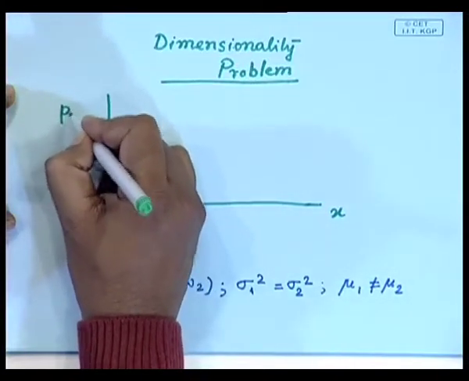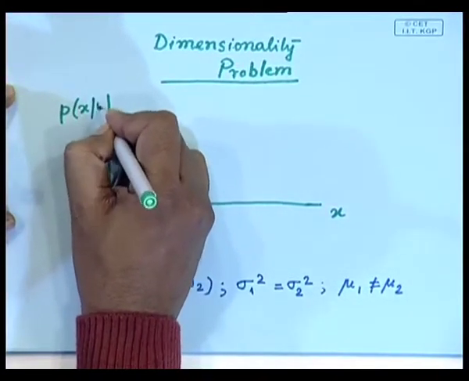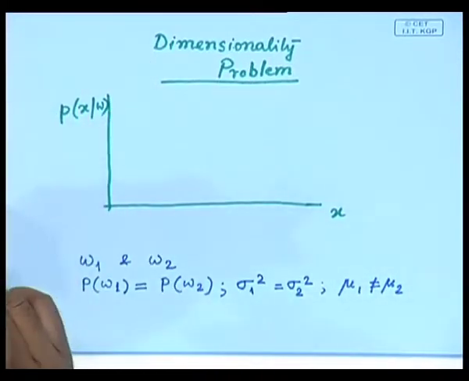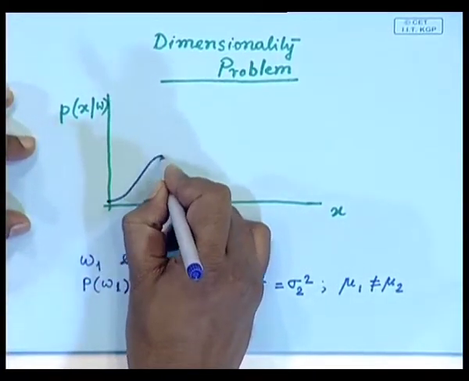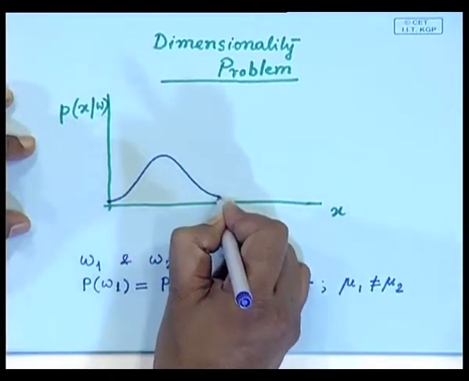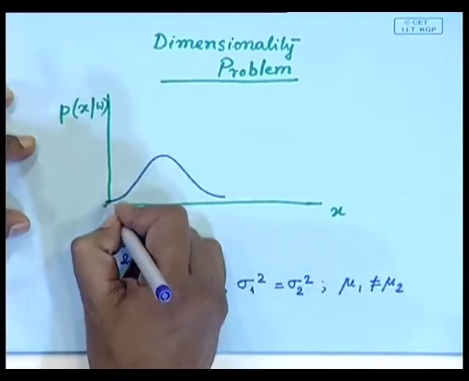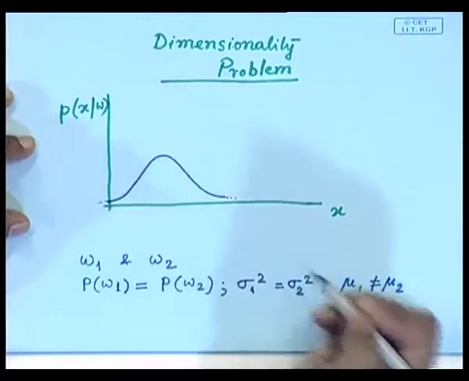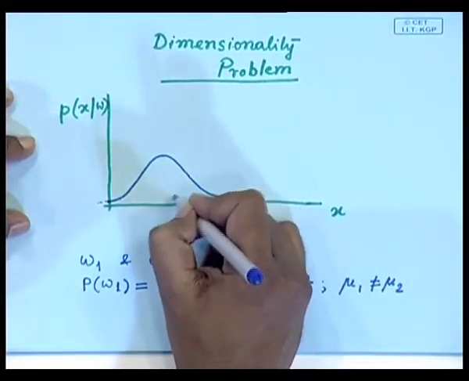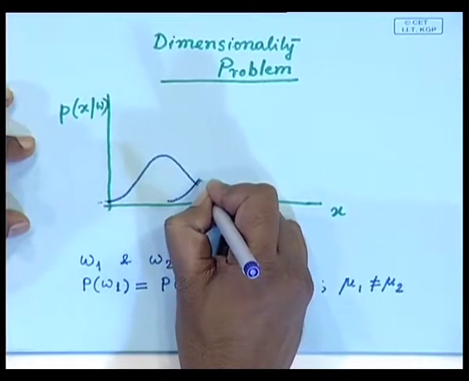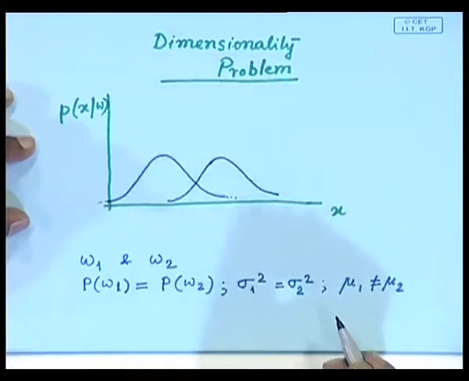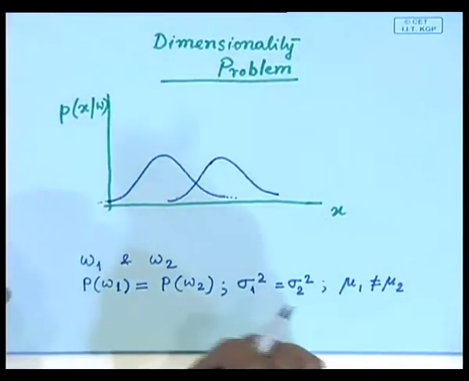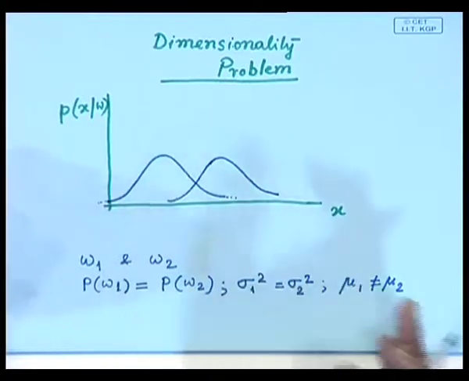Suppose the probability density functions are something like this; this extends infinitely, and the other has the same form, the same shape and size, only one is shifted from the other because the means are different.